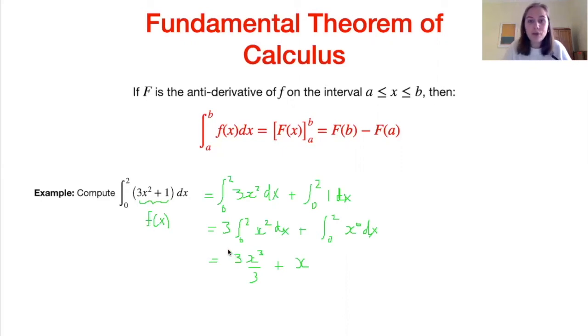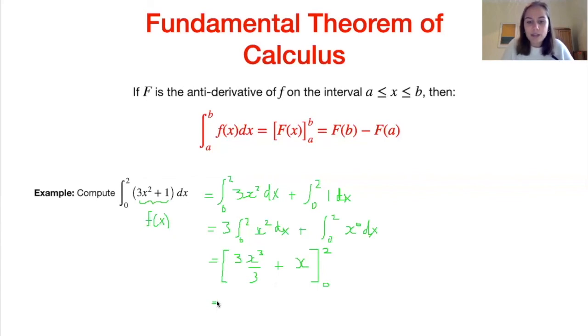And what we're told by this fundamental theorem of calculus is that we have to put this in square brackets between 0 and 2. So our integral from 0 to 2 of our function f of x is equal to our antiderivative between 0 and 2. Well, what do these square brackets mean? It just means we need to take the value of this antiderivative at 2 minus the value of the antiderivative at 0.